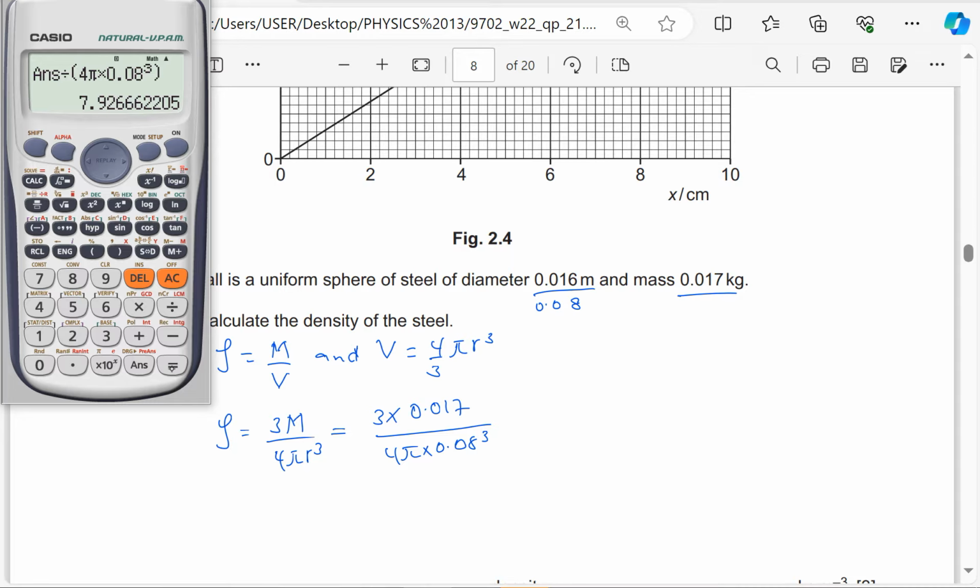Let me try to check this again. 3 times 0.017 divided by 4 pi, divided by 0.08 cubed.